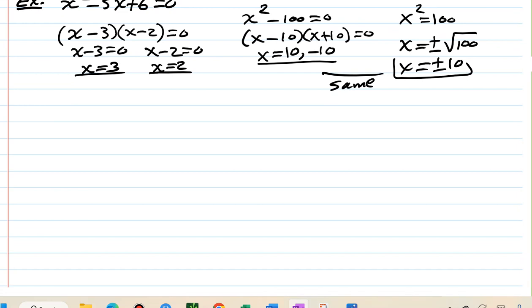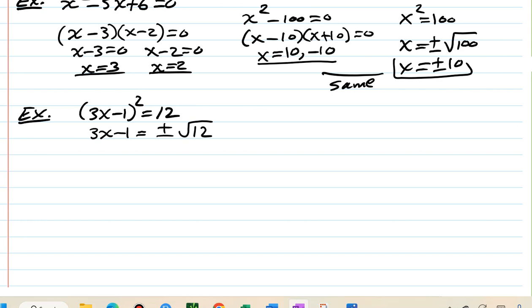Now let's try this one. We want to solve something like 3x minus 1 squared equals, I don't know, whatever number, doesn't matter. Let's make it 12. Because we have a square of a binomial, we go right to the square root property. I don't need to expand it, combine like terms, and set it equal to 0. That's just too much unnecessary work. So let's just take the square root of both sides. 3x minus 1 equals plus or minus square root of 12. And if you think of 12 as the product of 4 and 3, the square root of 12 is 2 root 3.